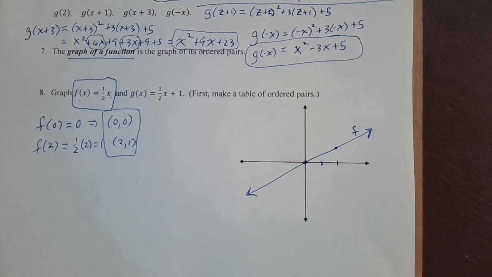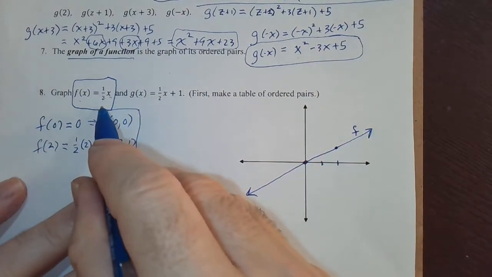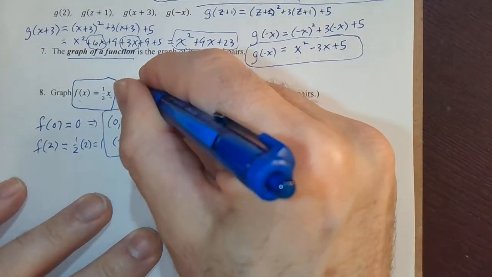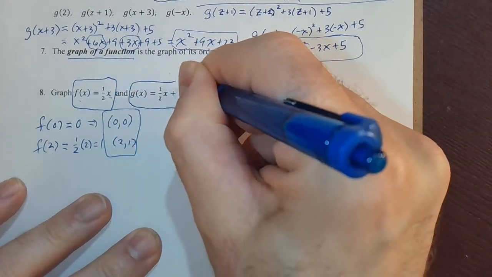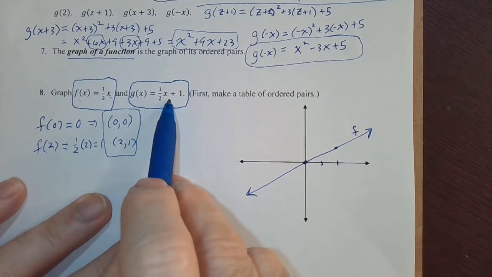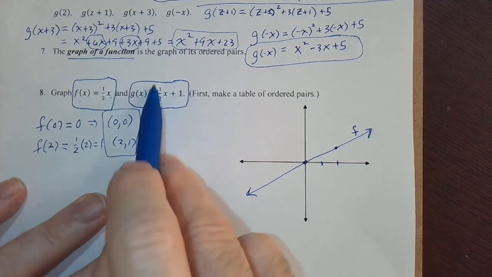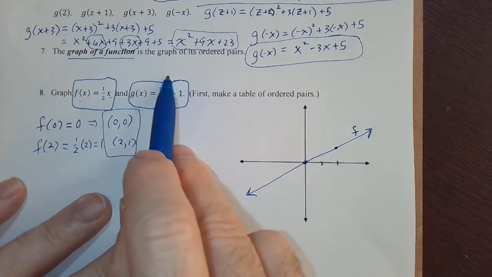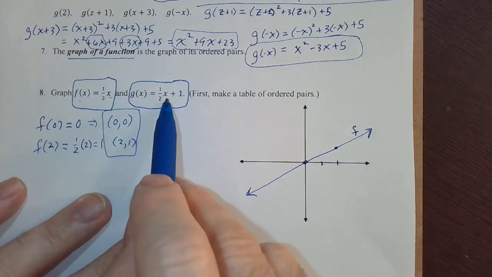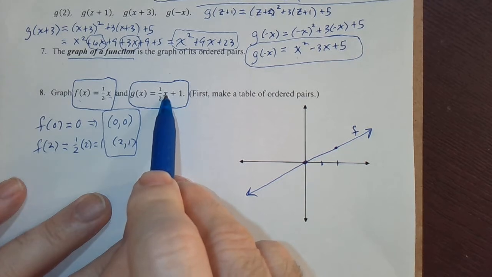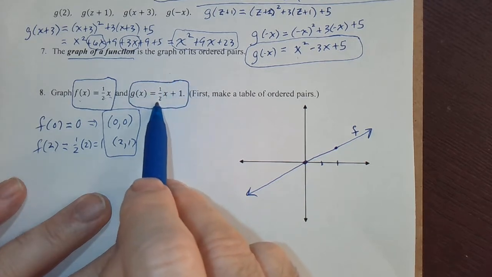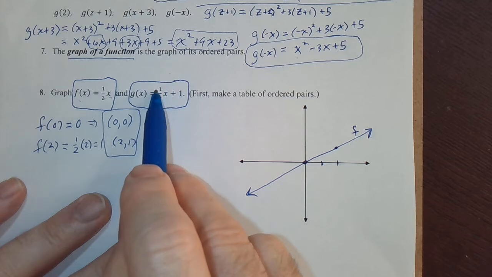Now, notice the function g. G is very similar. It starts off with 1/2 x. And then all you're doing is adding 1. And what is this? This is the y value, right? You plug in your value of x, and after you plug it in and simplify this, that gives you the y value.